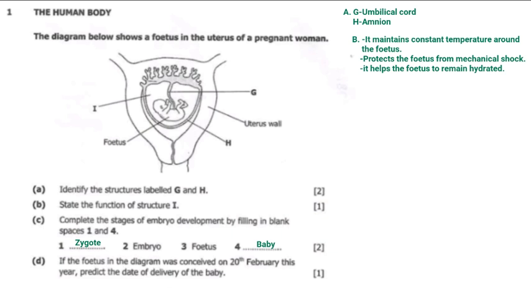So what I'm going to do here is come up with a simple calendar which consists of a few months. So we are going to have February, March, April, May, June, July, August, September, October, November, up to December. Now let's say this child was conceived on 20th February.